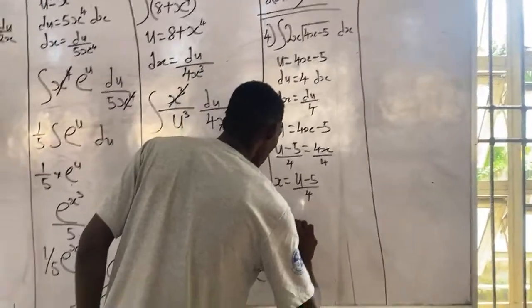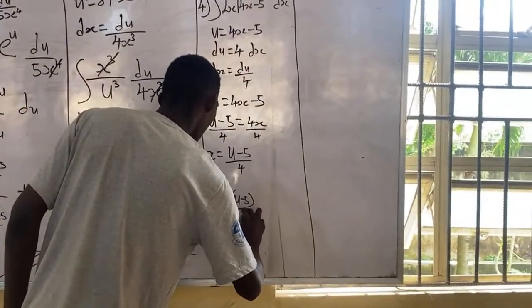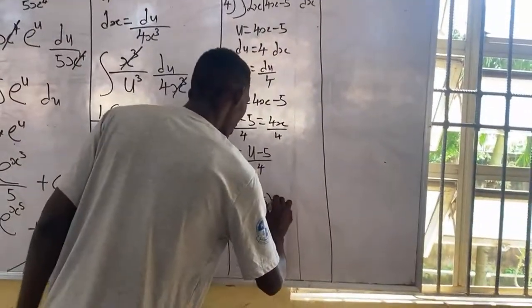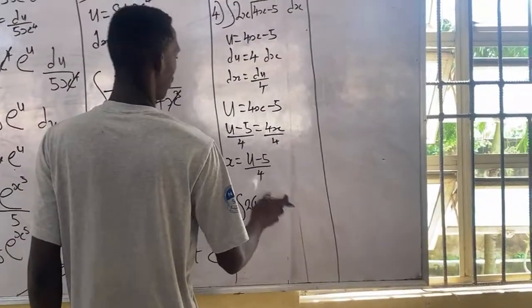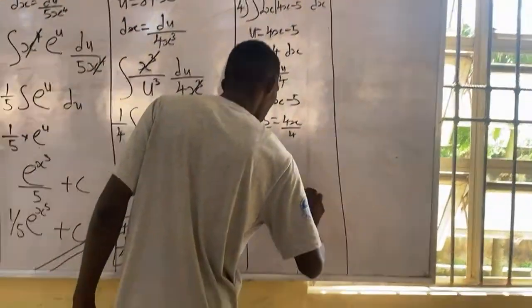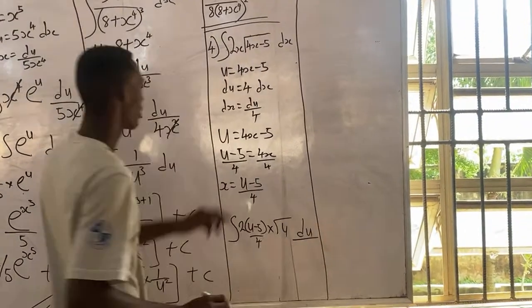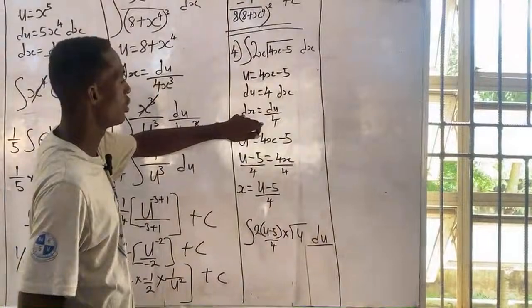This is 2 in bracket (u minus 5) close bracket, 4 times, or you can choose not to write times, square root of u. Then this will be our du over dx, which is equal to du over 4.